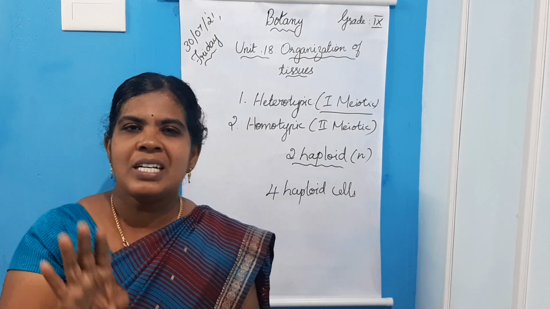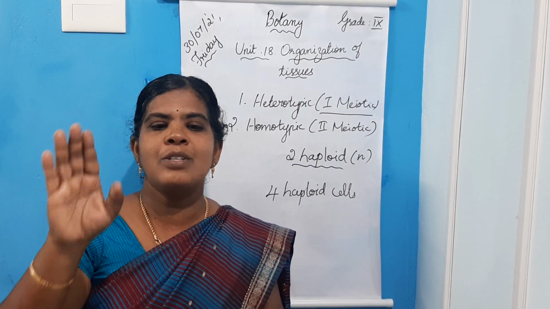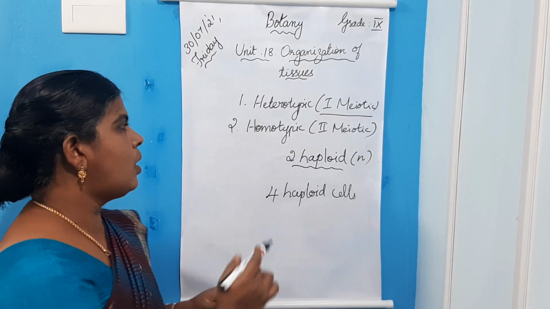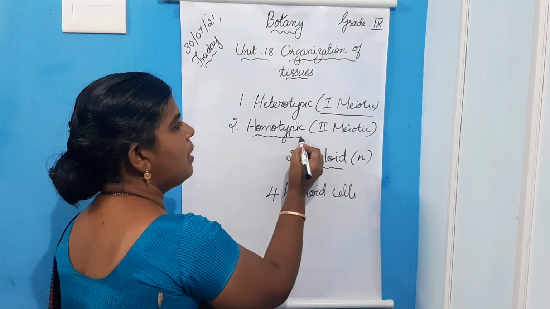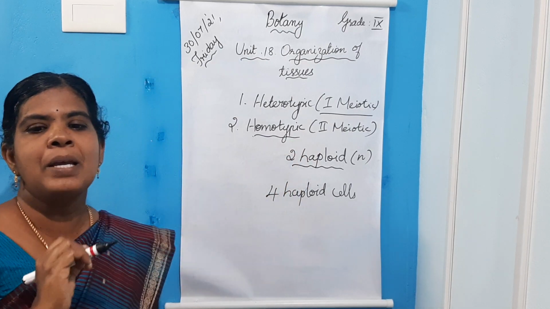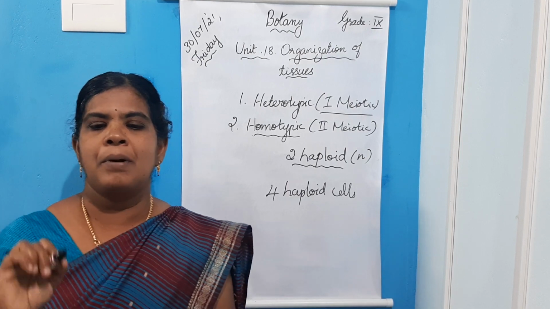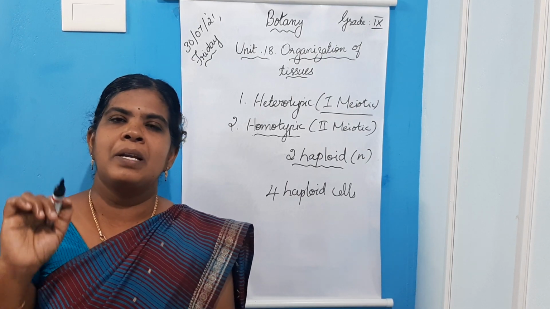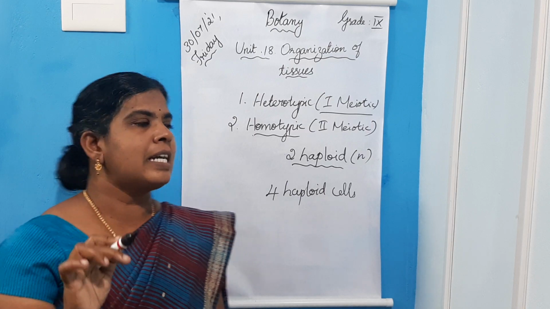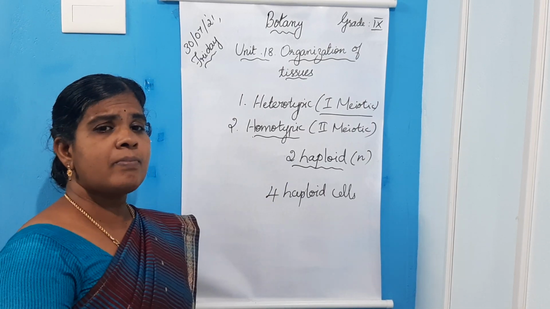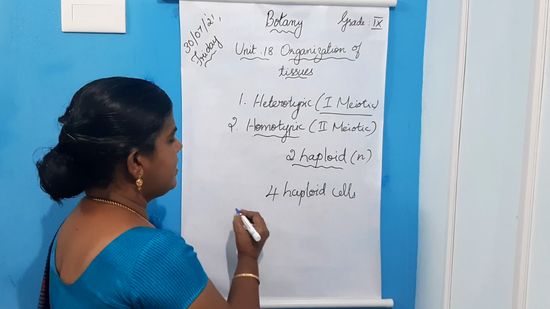The daughter cells are similar to the parent cell in chromosome number, and also similar to each other. The homotypic cell division consists of 5 stages.